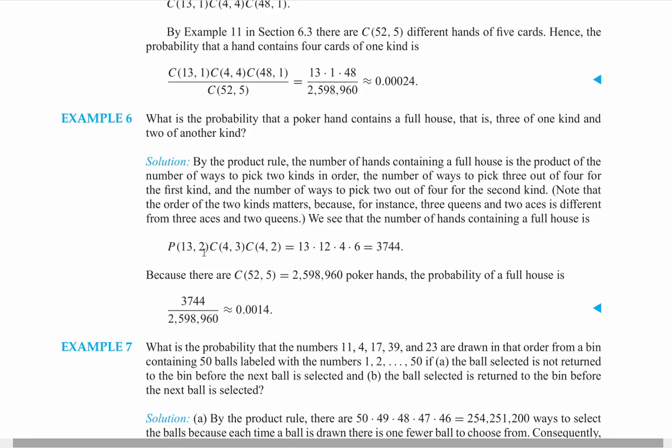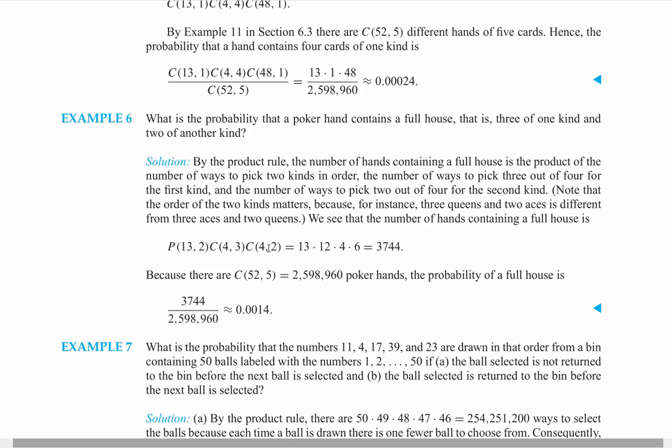Okay, so P(13, 2) ways to pick the kinds. Then you're choosing 3 from 4 to get the 3 of a kind, and then choosing 2 from 4 to get the 2 of a kind.